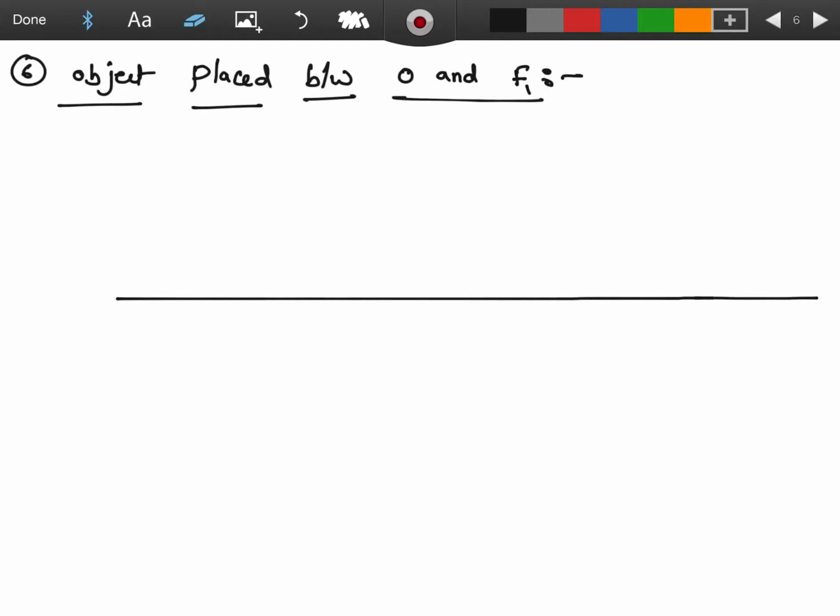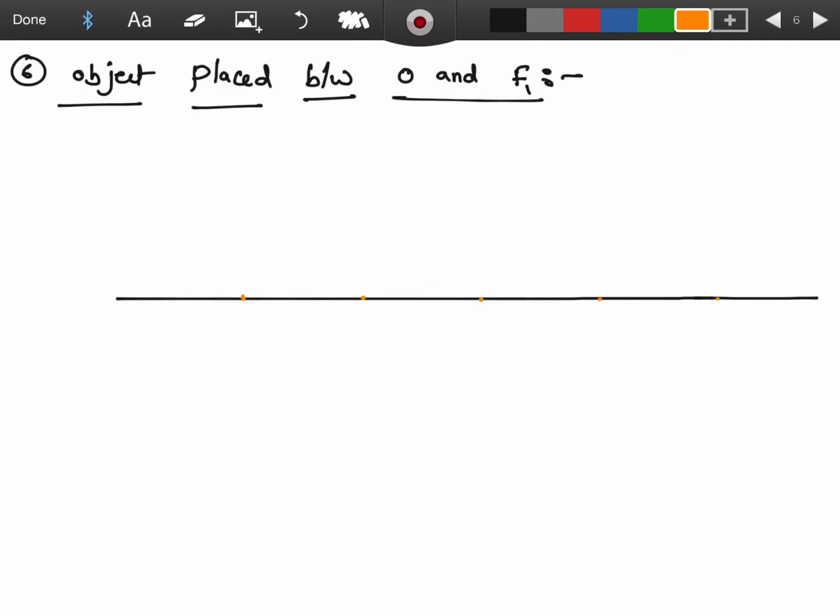Now here I am taking approx optic center, then around 3 centimeter exactly focus, 6 centimeter center of curvature. The other side also 3 centimeter focus, then 3 more centimeter center of curvature.